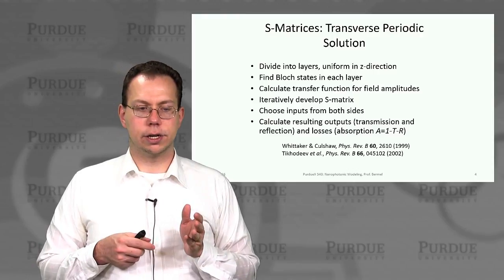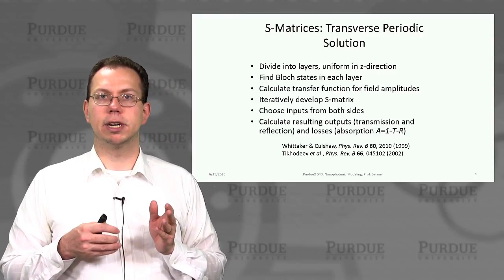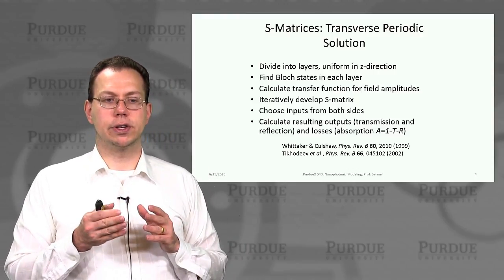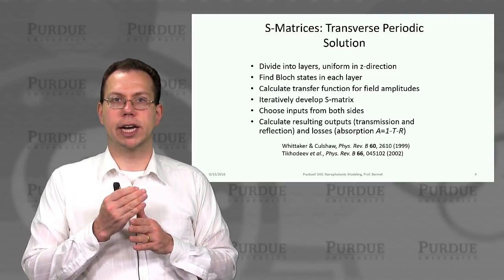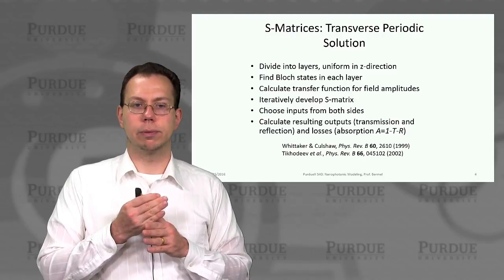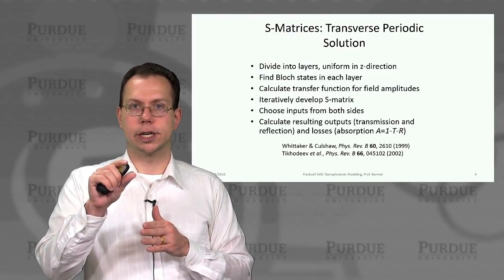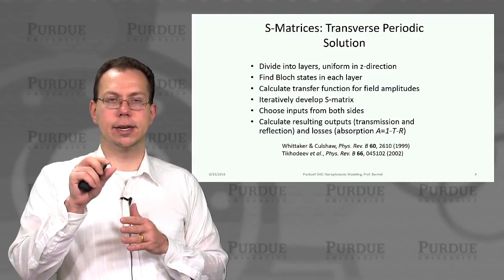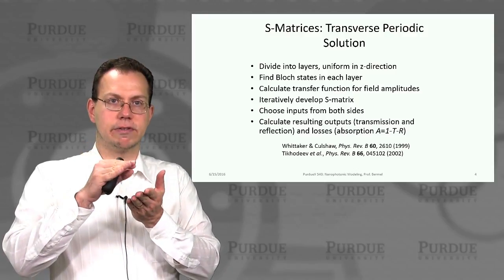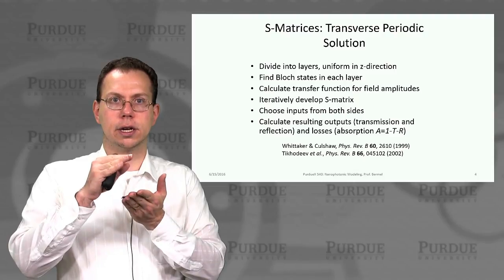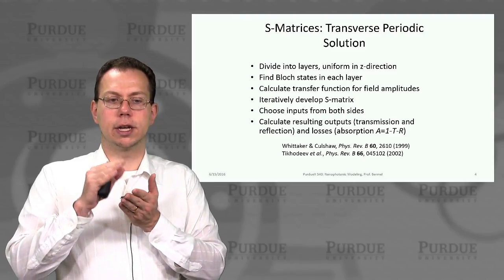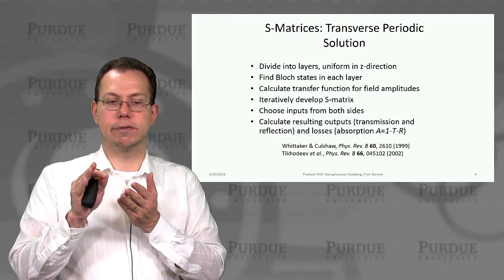And then in order to come up with a transverse periodic solution, we have to extend that in the following way. First we have to divide the whole structure into uniform layers in the z direction. If we do have periodicity, we have to define a layer that has uniform periodicity across that z value, and it could be multiple layers which have different periodicity.